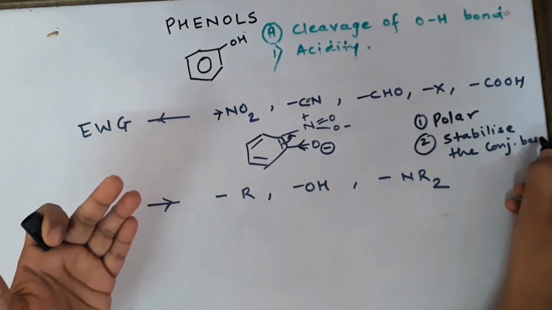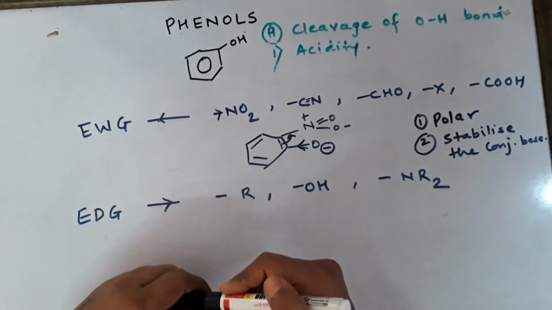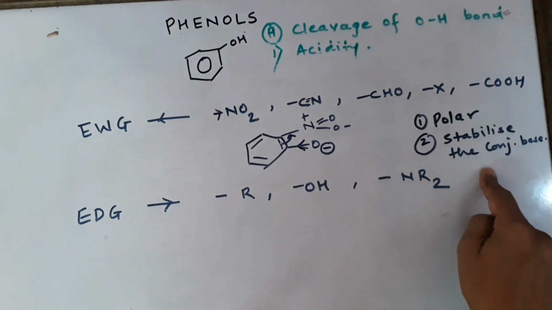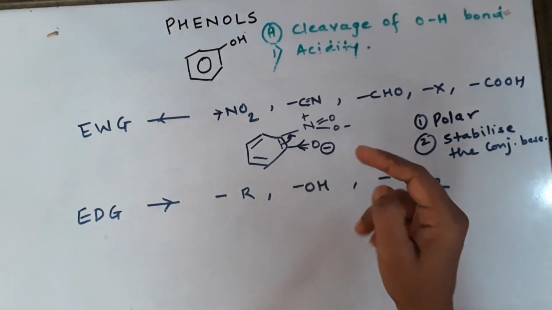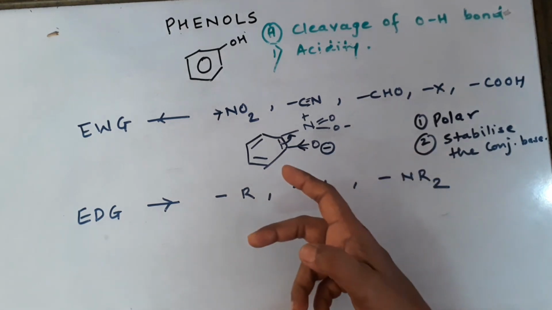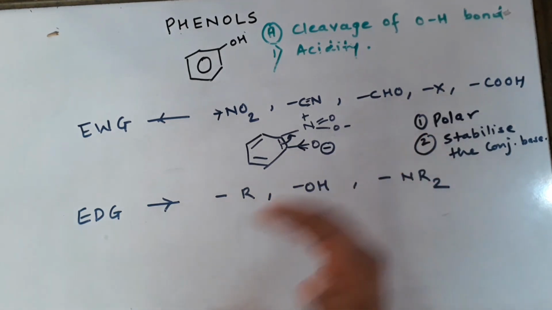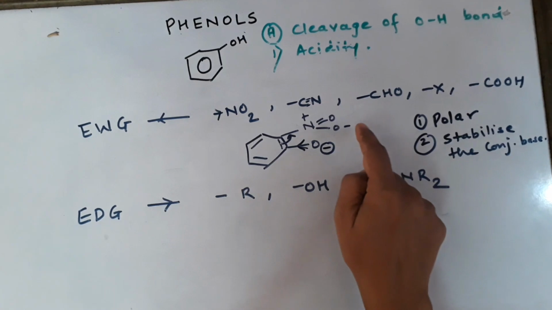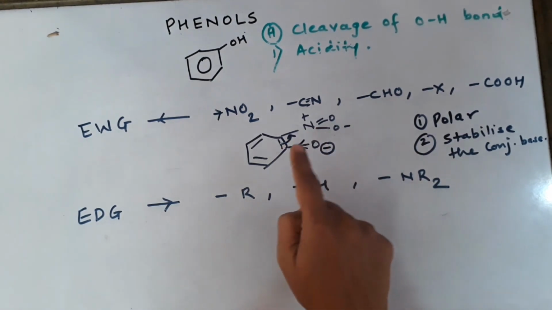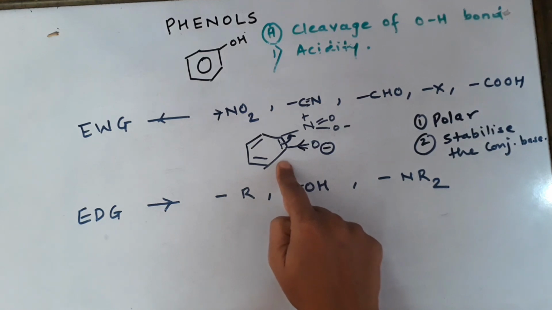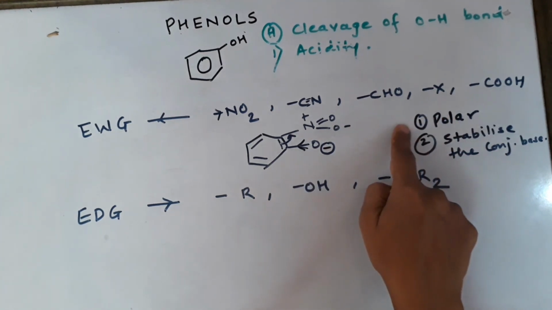So these are the two important points which must be there in your answer for a question, why is orthonitrophenol stronger acid than phenol? So in phenol we don't have any electron withdrawing group, but in orthonitrophenol an electron withdrawing group is present which pulls the electrons and makes the OH bond polar.